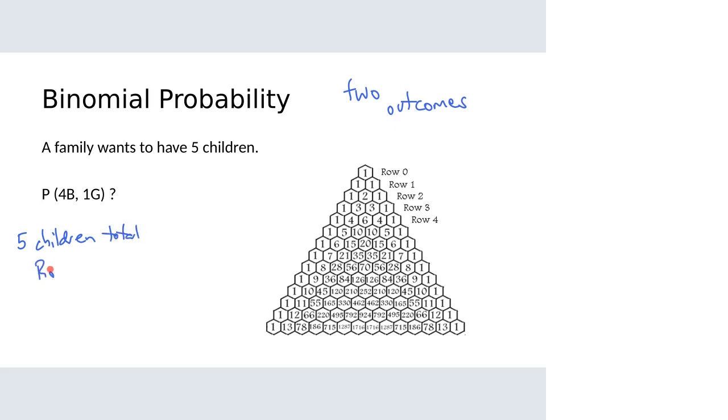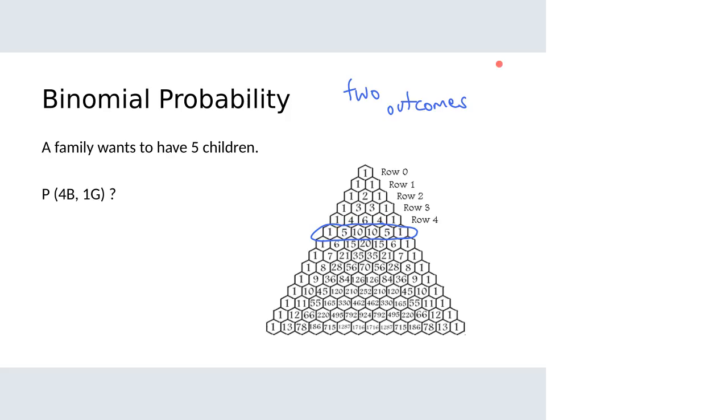So we are going to use row 5 of the Pascal's triangle over here. I'm going to wipe that out so I have a little space. So we're going to use row 5, and row 5 would be right here. An easy way to identify which row you're in is to look at the first number that's not a 1. That'll tell you which row you're in.